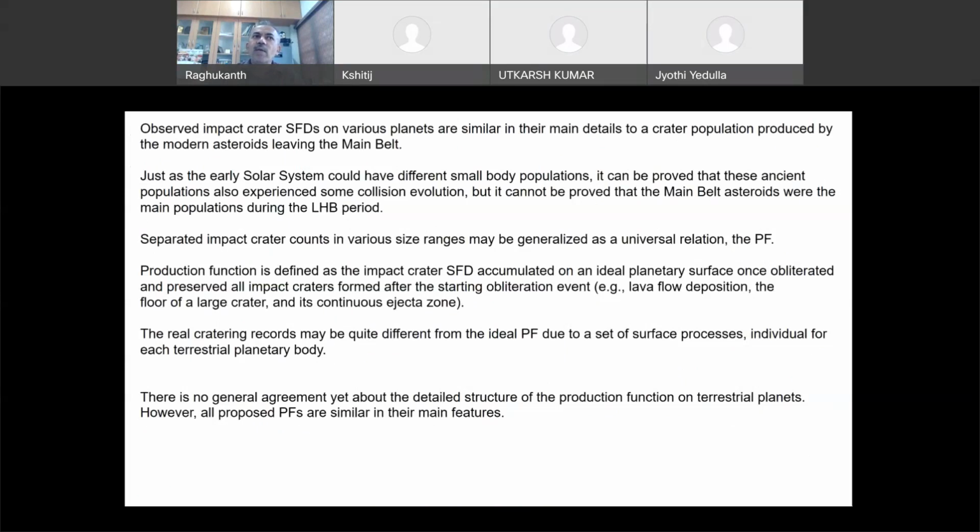Then they started looking at a universal relation, one type of equation for all the planets, where maybe the coefficients you can estimate. Initially people thought everything will be power law, but the power law did not fit some regions, some other planets. Then other types of production functions came into picture.